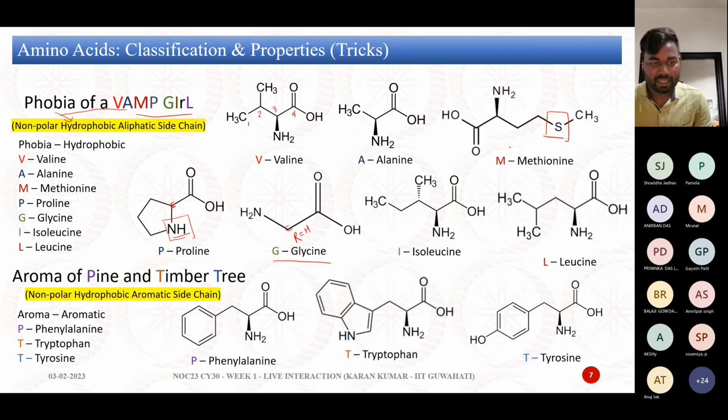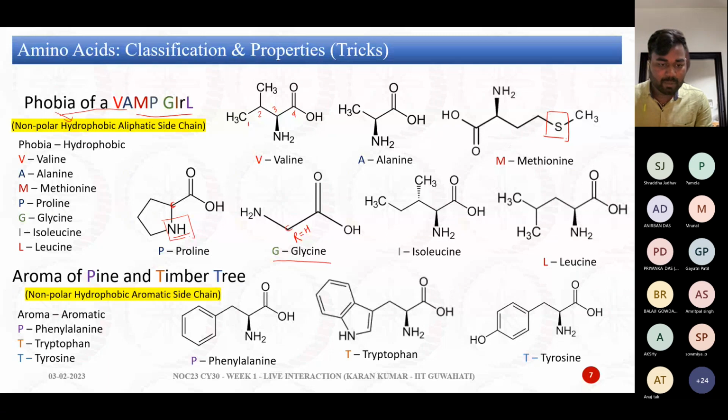Okay, if you are studying an amino acid or any compound, if it is hydrophilic, then it should make hydrogen bonding with water molecules. Because of that we say hydrophilic. Hydrophilic means water loving.